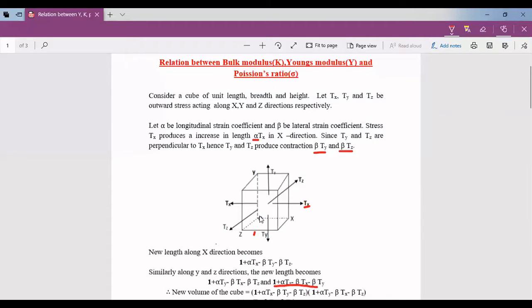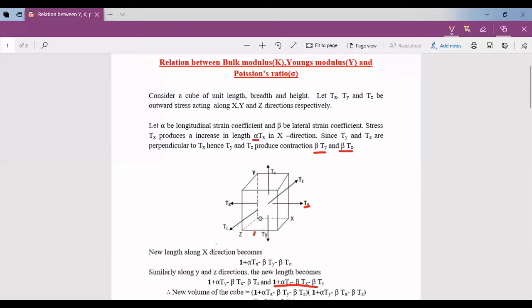So what is the new length along the y direction? The new length along the y direction will be 1 plus alpha Ty, the extension along the y direction, minus the contraction produced by the x and z directions, minus beta Tx minus beta Tz.